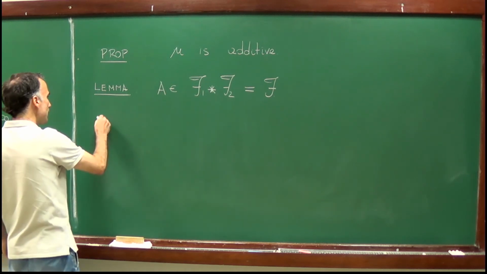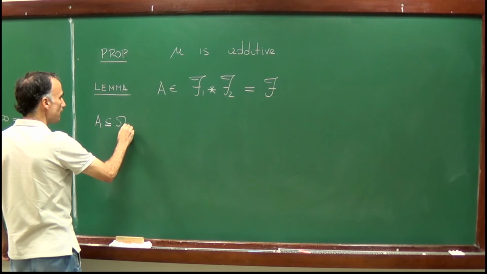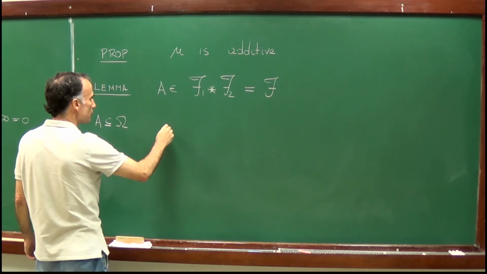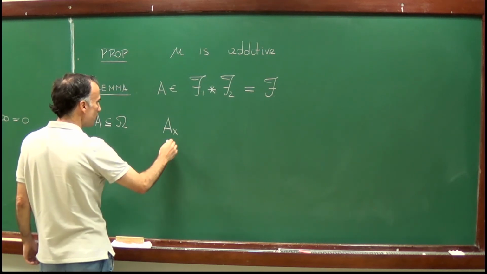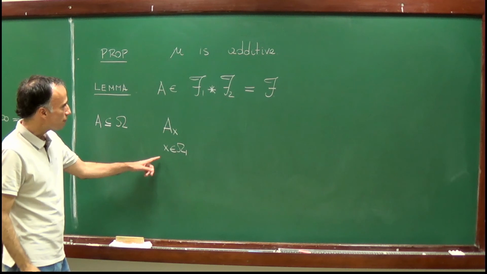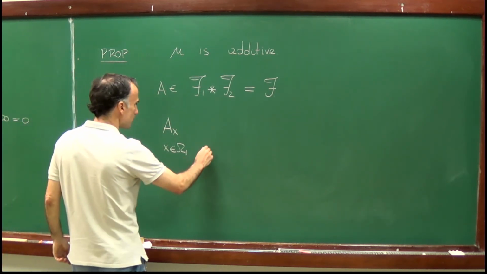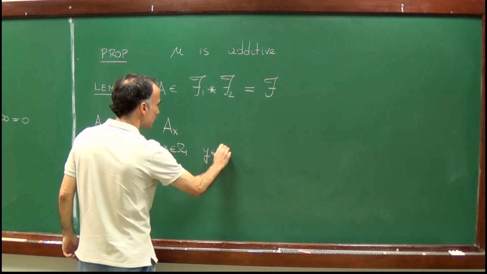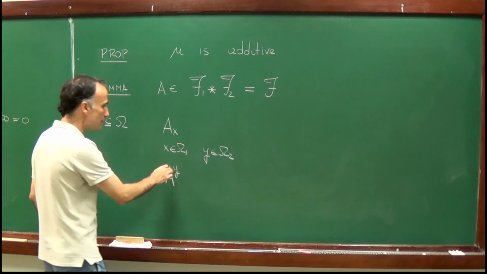Now, for any subset A of omega, I can define what I will call the section at x of A. So I'm fixing x in omega 1, and I want to define the section at x of A, or I can also take y in omega 2 and define the section of A at y.